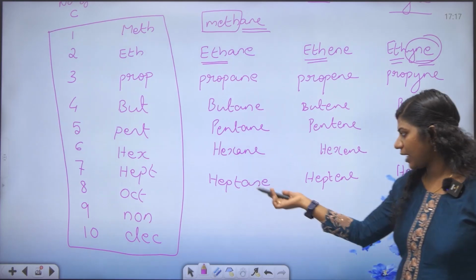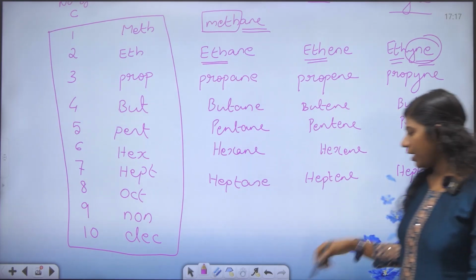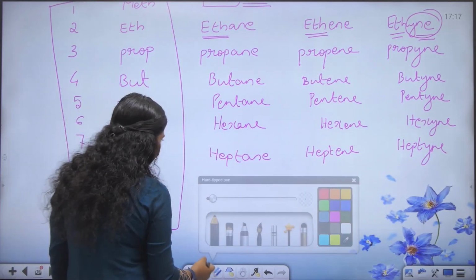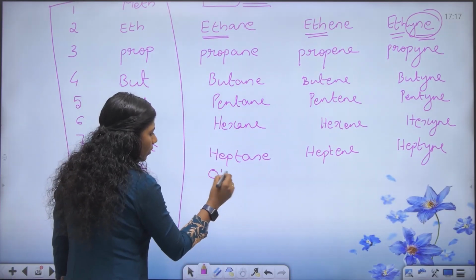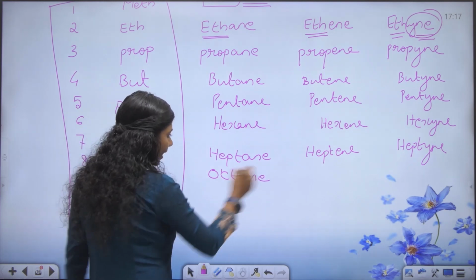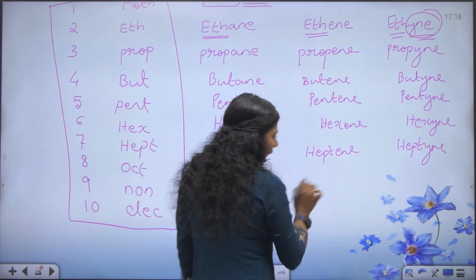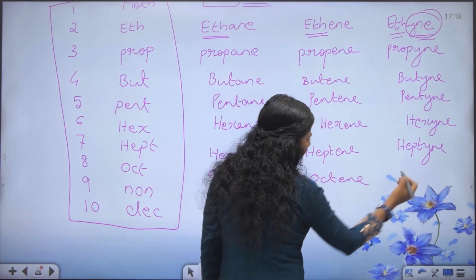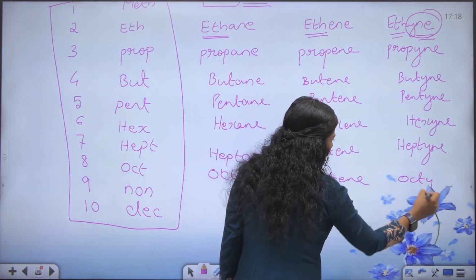Then hept: heptane, heptene, heptyne, and oct. All bonds single, or saturated compound, is octane. Corresponding alkene is octene. Corresponding alkyne is octyne.